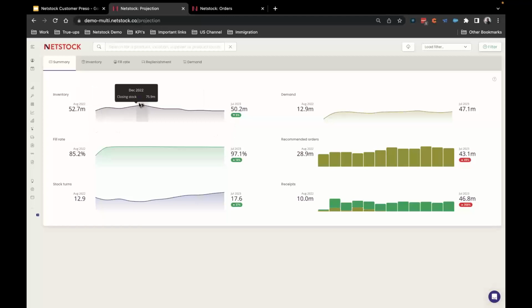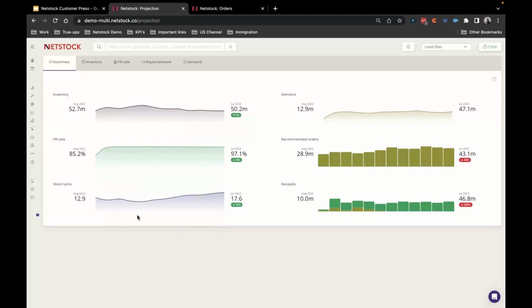Now I can see that it's actually going to rise quite a bit over there and in this case, probably purchasing more of the right items and waiting for some of the other items to sell off so that we don't have so much of those slow-moving items. But there's going to be a 5% additional reduction in the next 12 months over that period of time. The fill rate is going to increase considerably, another 14% increase in that fill rate as we buy more of those items.